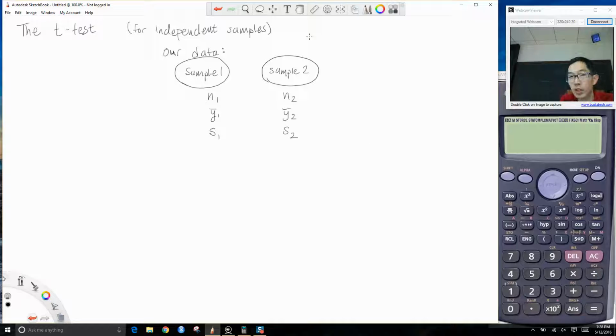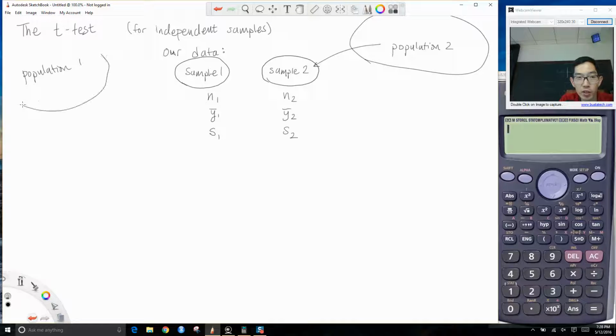Okay, they both come from respective populations. We've got population 2 and population 1, again, just some large unknown entity. All right. So sample 1 and sample 2 have been drawn from population 1 and population 2, and the question is based on what we see in our sample, can we conclude that population 1 and population 2 have different means?